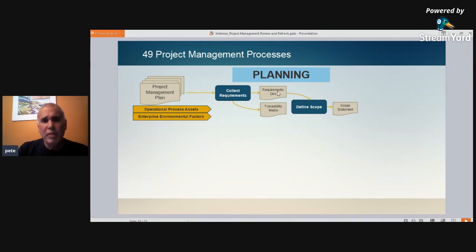Our requirements document is going to now go into a process called defining scope, which will yield a scope statement. That scope statement is going to pretty much restate what we said in our project charter for high-level scope. Think of it as an executive summary.